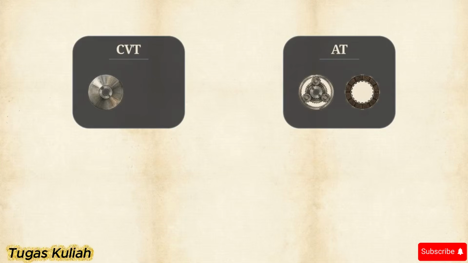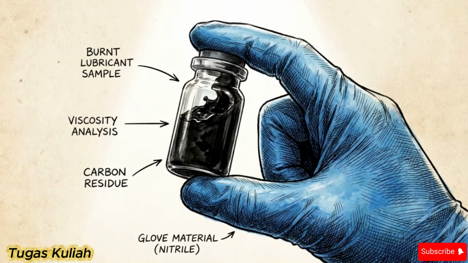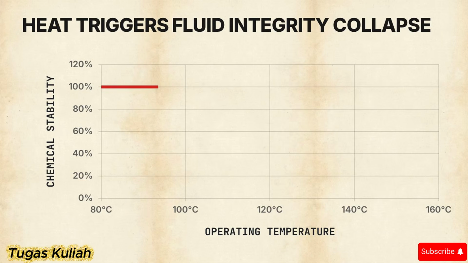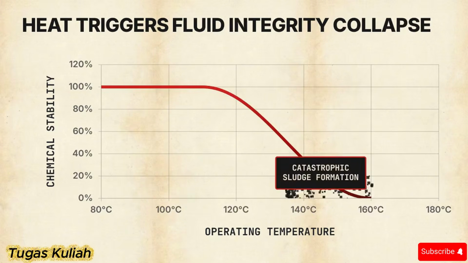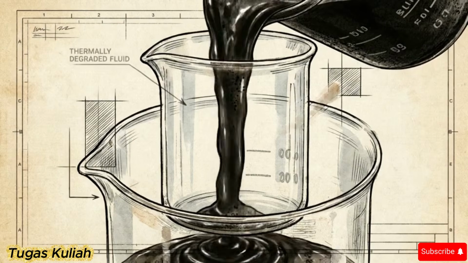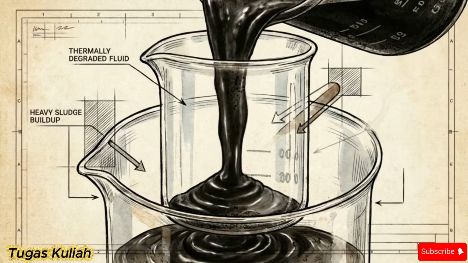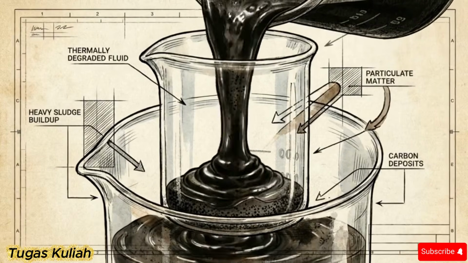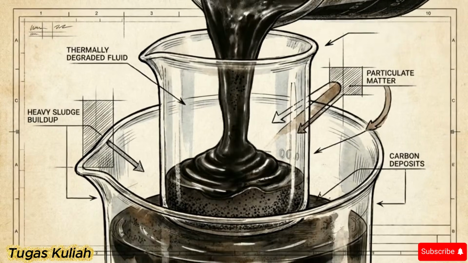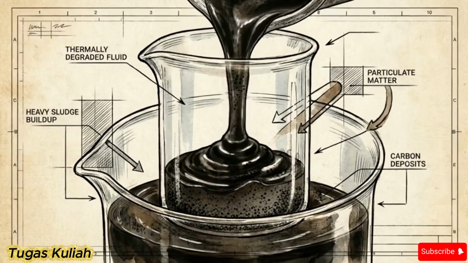Despite these architectural differences, the failures share an exact starting point. The terminal catalyst that initiates both failure cascades is chemically identical. The shared root cause is the thermal breakdown and particulate contamination of the automatic transmission fluid. Exceeding thermal limits destroys the fluid's chemical architecture. It eliminates the shear stability, keeping the CVT intact, and the suspension capability, keeping the AT clean.